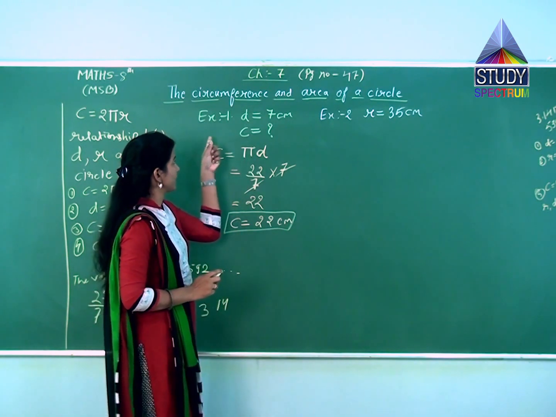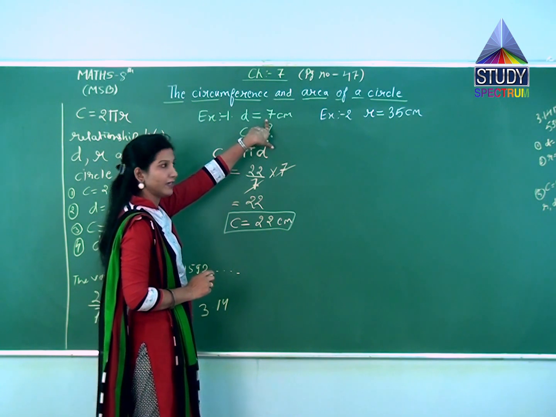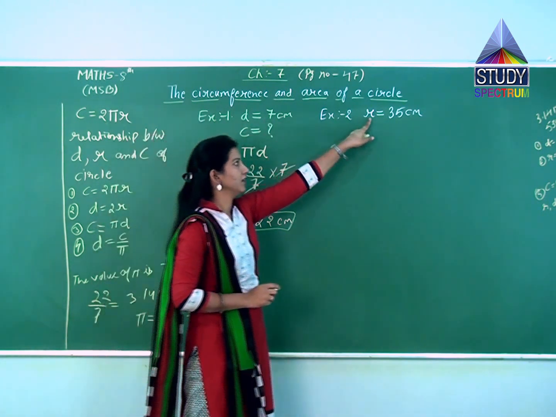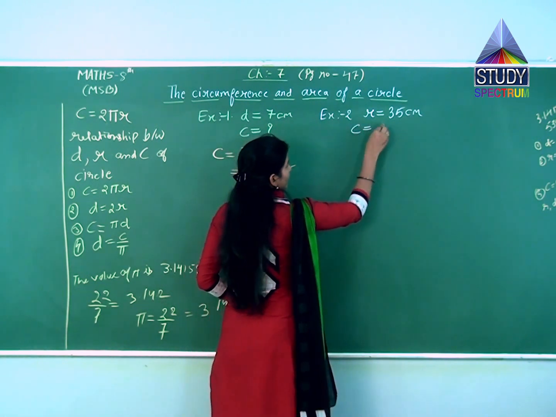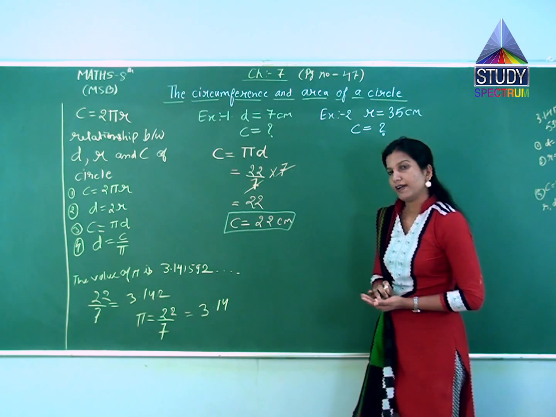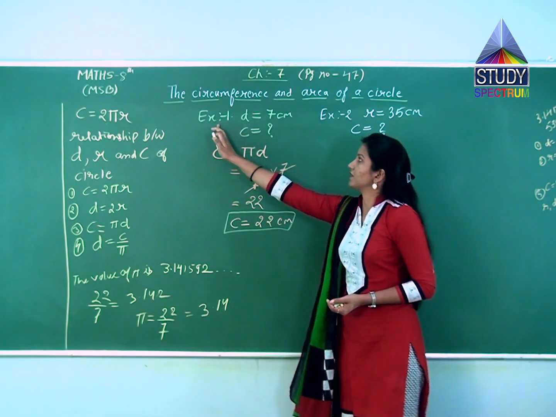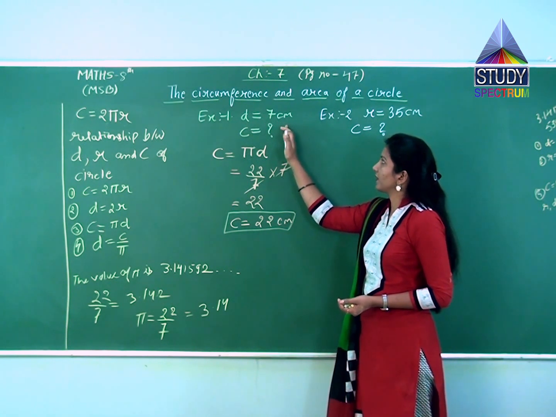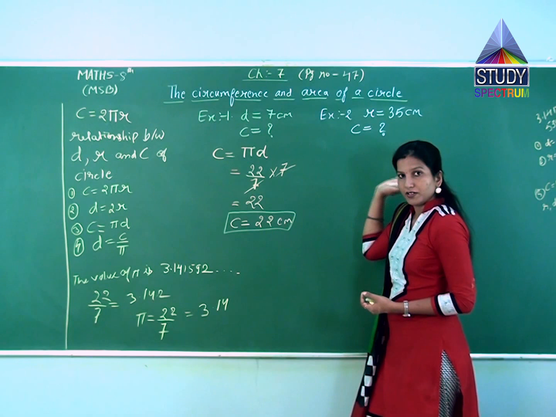In the last question, we were given the diameter, but in this question we are given the radius of the circle. We have to find the circumference of the circle. Both questions are the same. We have to find circumference in both the questions, but in example number 1 we had given the diameter of the circle, and in this example we are given the radius of the circle.